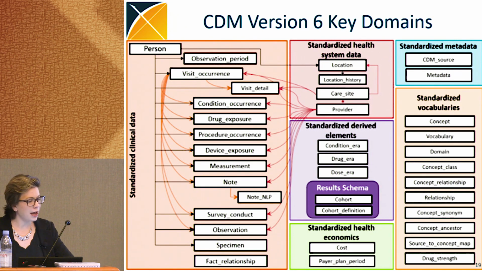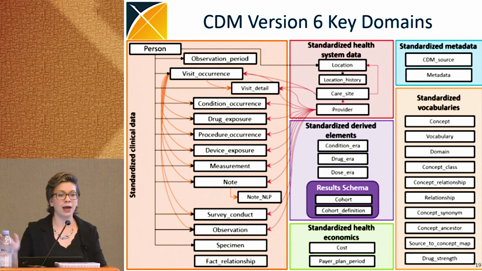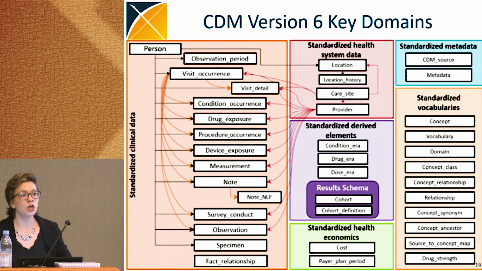And yesterday, I think Patrick mentioned that starting in CDM version 5, we started marrying the vocabulary with the CDM. So when you run a CDM, you need to keep that vocabulary with it because the vocabulary that you ran the CDM on really dictates what's going to happen within your data. And we're going to talk a little bit about that as well today. So a really quick high-level overview of the CDM.